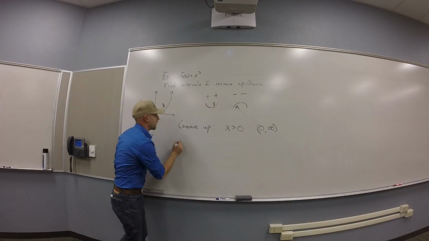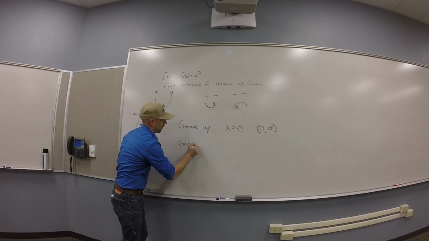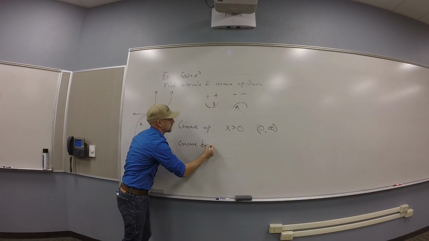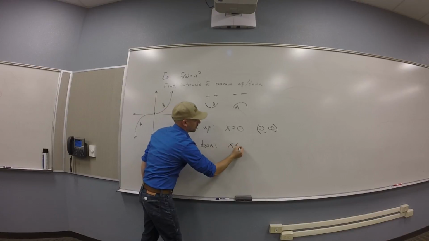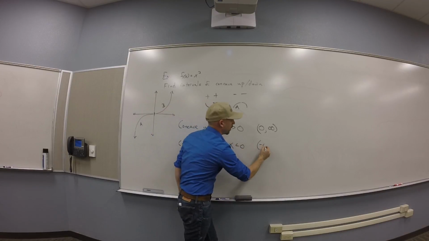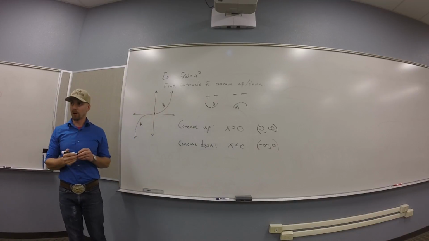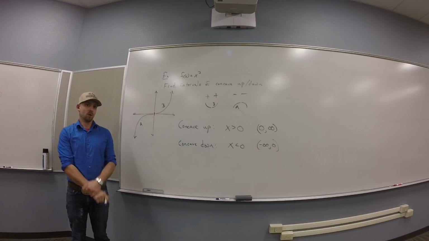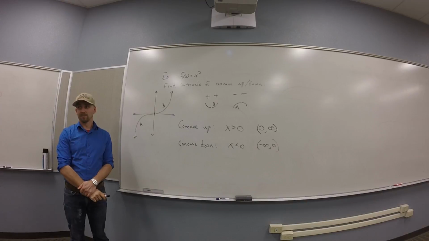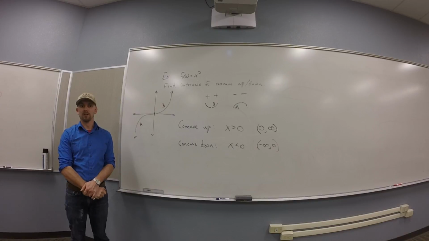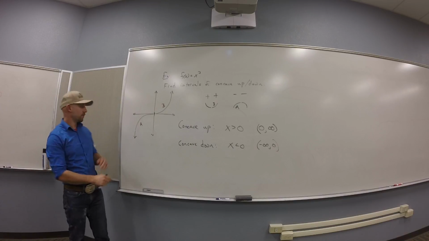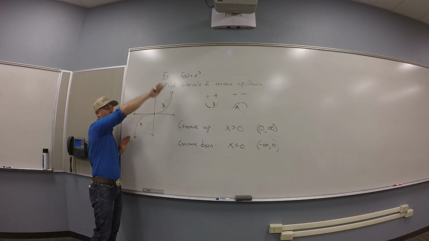Where's it going to be concave down? X is less than 0. Perfect. So x is less than 0, which we would write as negative infinity up to 0, open on both ends. Where is this thing increasing? Everywhere. You guys see that? In general, if you squint at this thing, it's got a positive slope.